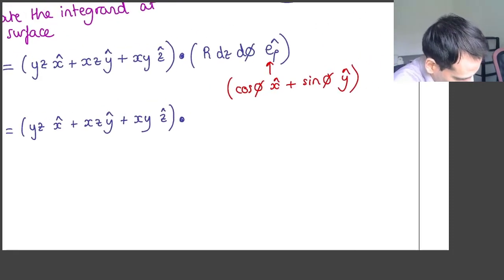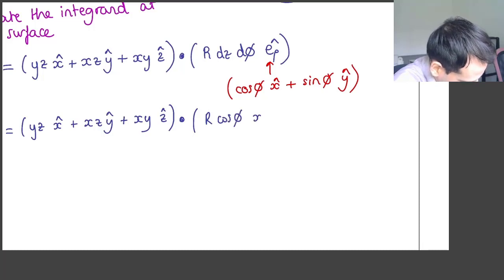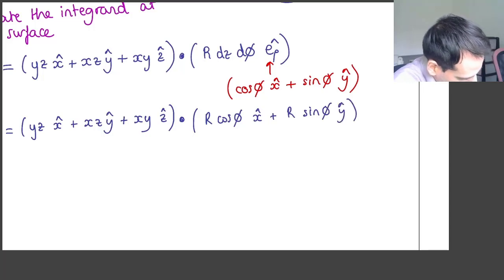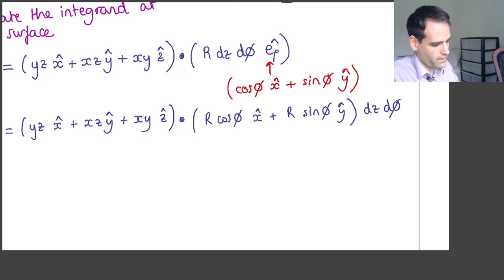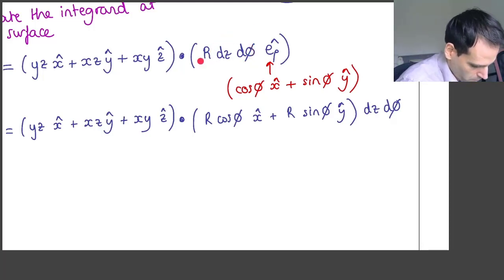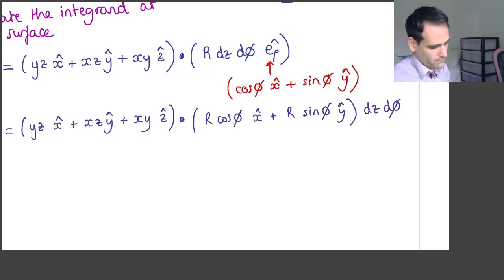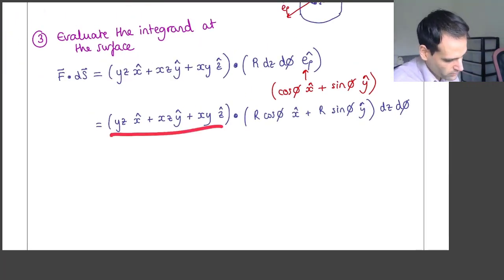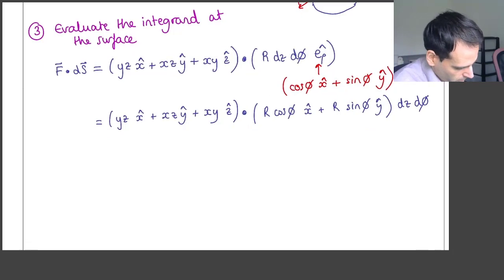Dot r cosine φ x hat plus r sine φ y hat. So I multiplied the r and then I keep dz and dφ outside. Okay, I moved dz dφ outside and multiplied r by this parenthesis. So now we have to multiply out these two brackets. So we will get lots of combinations.